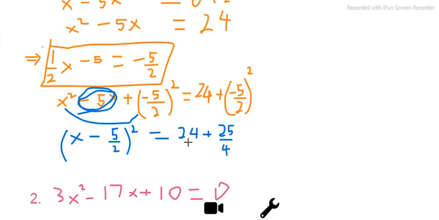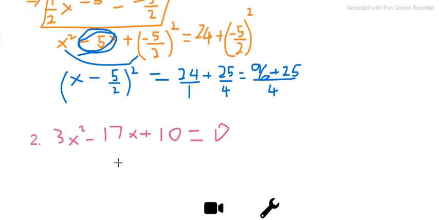Are you with me? So this 24, we can write it as 24 over 1, so that we'll be able to deal with the fraction here. For this fraction, the LCM is 4. 1 in 4 will give us 4. We multiply that 4 by 24, and that will give us 96. Plus 4 in 4 will give us 1, and 1 times 25 will give us 25. Are you with me?